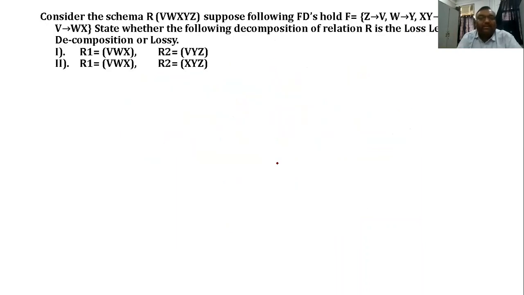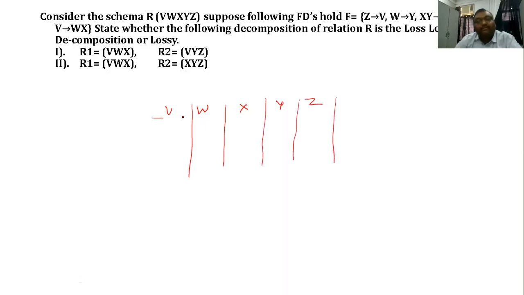Now come to the third question. See, in this question, how many attributes? 1, 2, 3, 4, 5. So the relation has 5 attributes: V, W, X, Y, and Z, right? So just make columns like this.